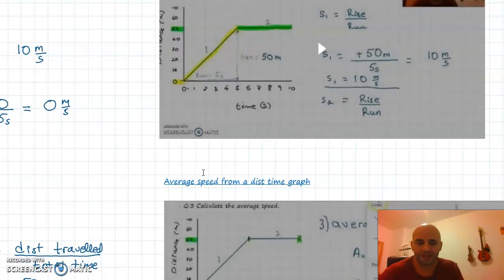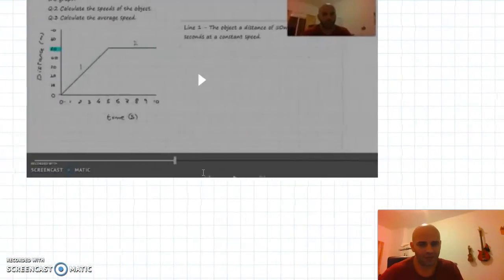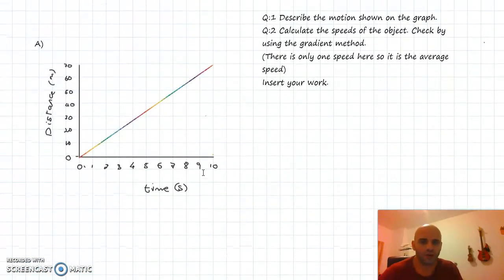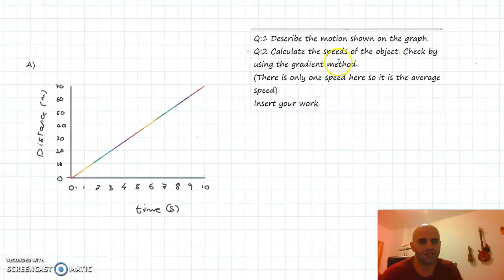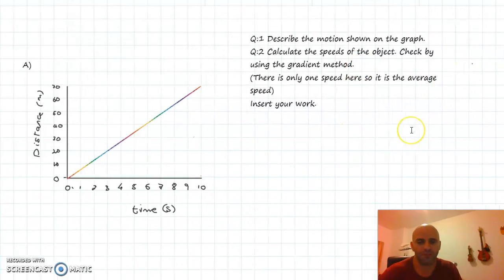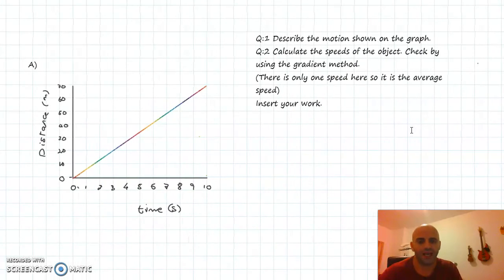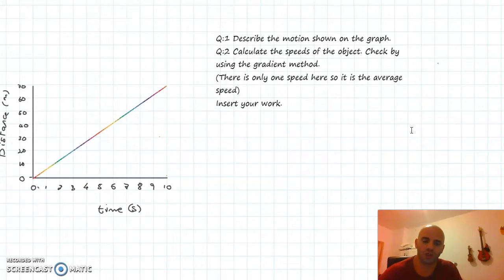I would then come back to your questions and do those parts. Part 2 says calculate the speed of the objects and check by using the gradient method. The gradient method is the one that I outlined over here to the right, up top. So check that out. Do your calculations. Make sure that you're putting all of your work on your OneNote page. I'll be able to check it afterwards, okay, or as you're doing it.